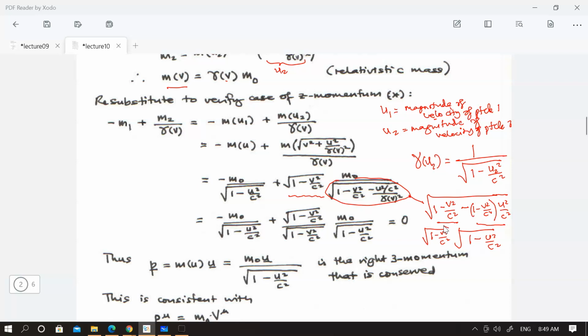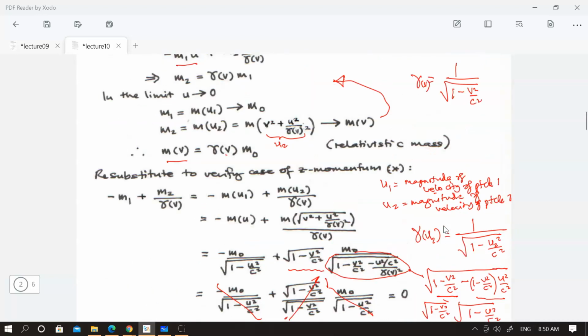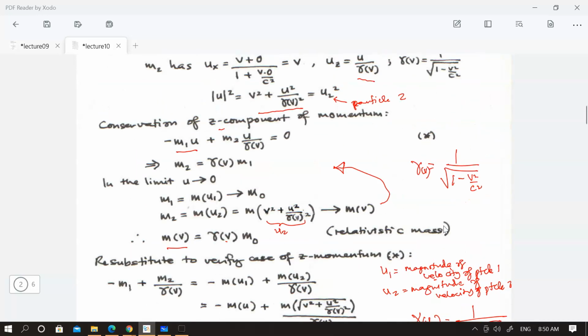Okay, so I have that, so this gives you 1, and then I have m naught over square root 1 minus u squared on c squared from the second term, added with this minus m naught 1 times 1 over square root 1 minus u squared on c squared. So that essentially cancels off. Okay, and that equals 0, which is what we required from the conservation of the z component.